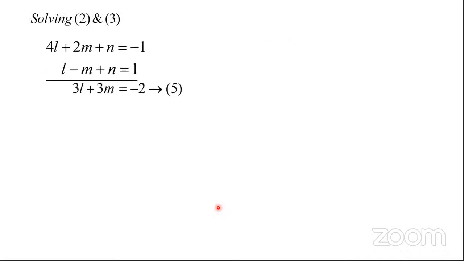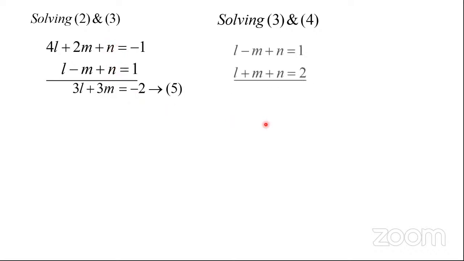Now, solving 2 and 3. Hope you know the method of solving, children. When we have the same coefficients, the same values, n and n in both the equations, we simply subtract. That we have also observed in the chapter Circles.